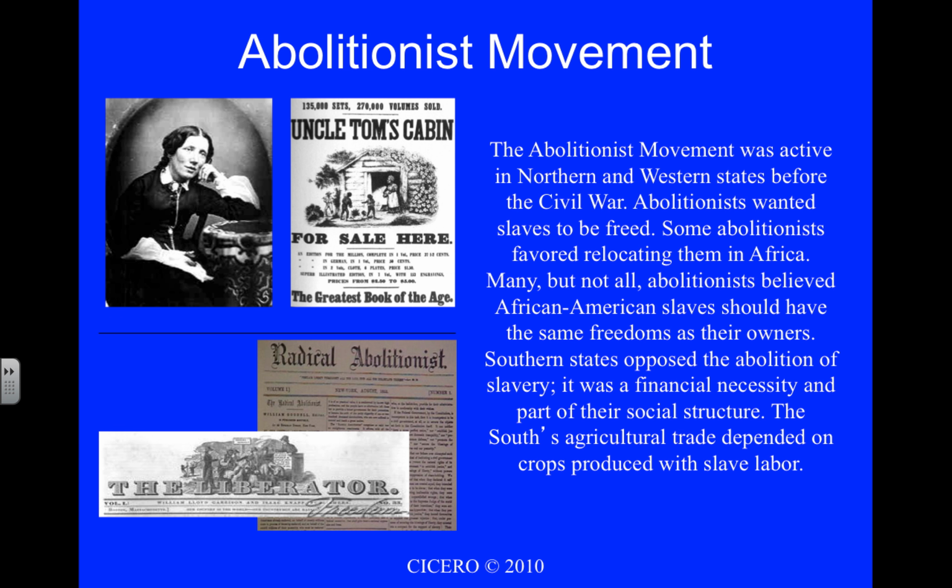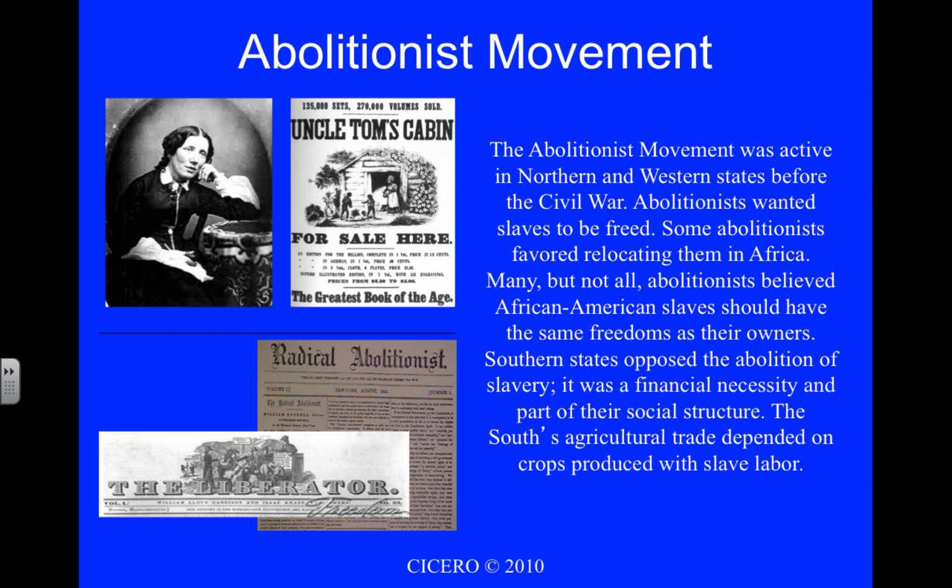So when Uncle Tom's Cabin, written by Harriet Beecher Stowe, comes out, and you're from the North and you know nothing about slavery, it's going to shape your view on slavery, and it gives a very harsh view. So it really increased the opposition to slavery from the northern states.